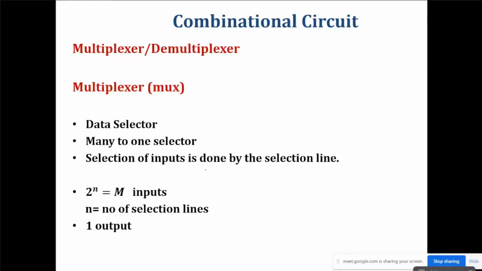When multiple sources are there, one transmitter and one receiver, those data will be transmitted through one medium. It is not possible to implement a separate medium for each and every source, so we have to use a single medium.